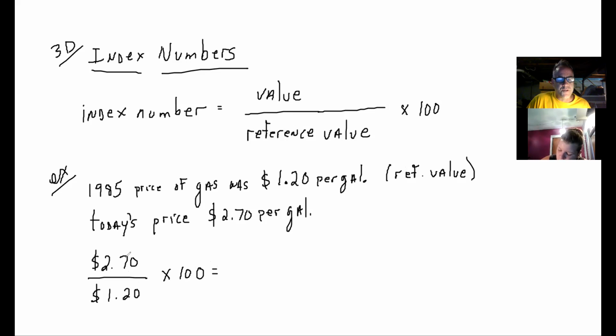Now, this divided by this would actually give you 2.25. Move the decimal place twice to the right. That's basically we're getting the percentage. So we get 225.0. All right. So more to the point, what does that index number tell us?